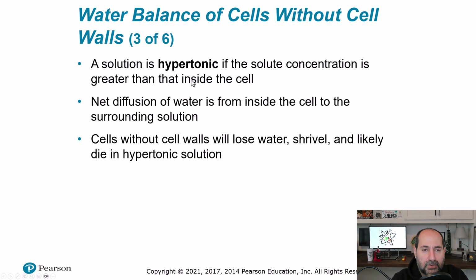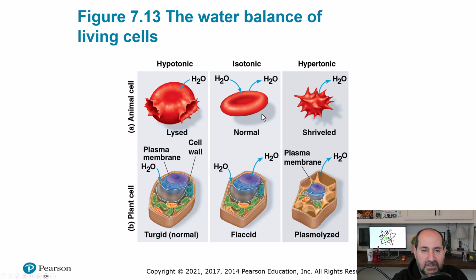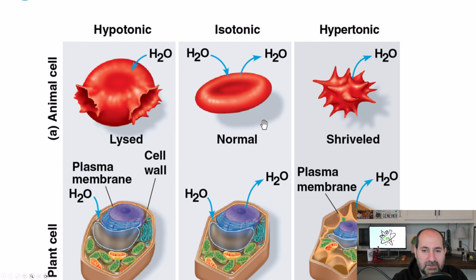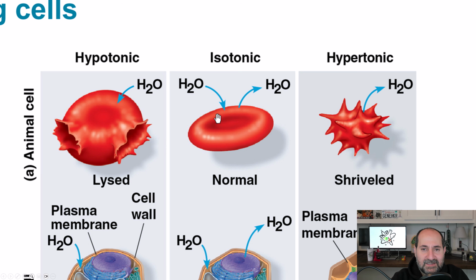Remember, there are hypertonic environments, hypotonic environments, and isotonic environments, and we need to know all of these. So let's just do a quick rundown here. In an isotonic environment, the solution surrounding the cell has the same solute concentration as the inside of the cell.